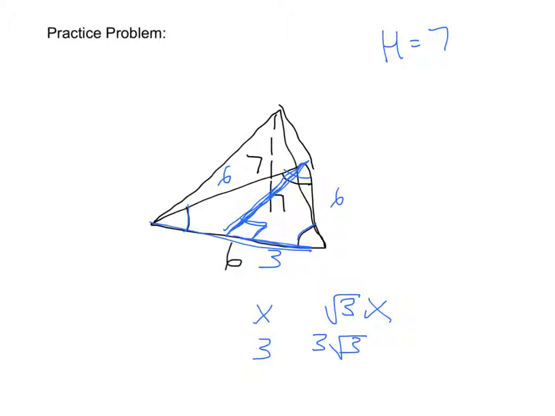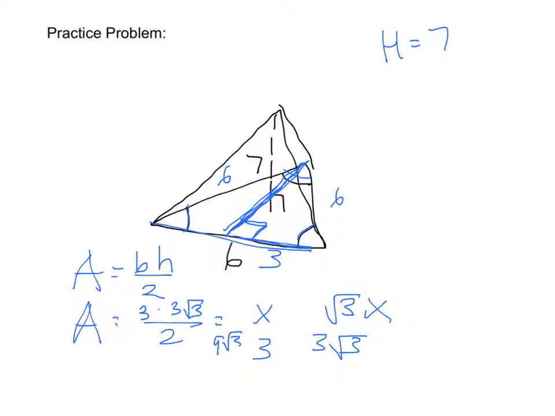So then we can multiply out to find the area, which is going to be base times height over 2, so we can plug in our values. So 3 times 3 root 3 over 2 is going to give us 9 root 3 over 2 as our area, and then we can plug that into our volume equation, which is going to be B times h over 3.